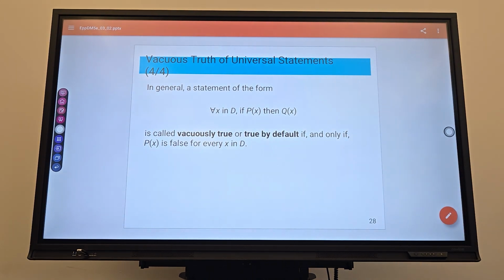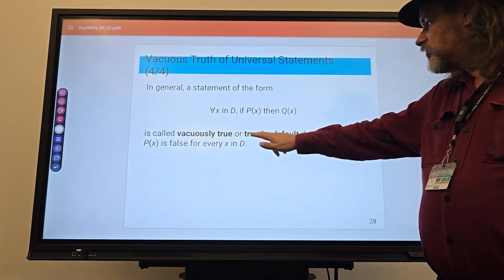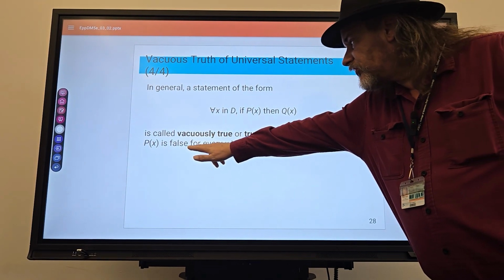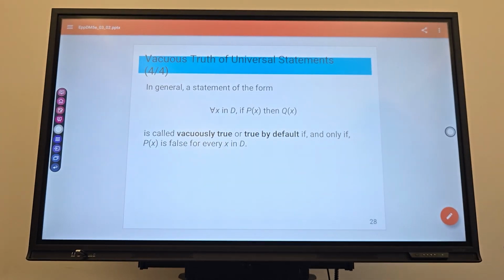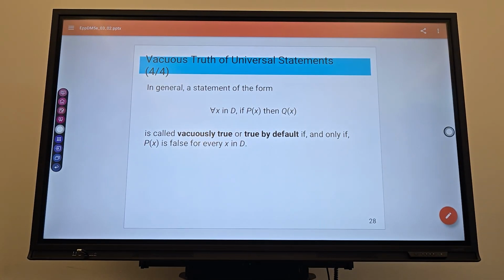Like the vacuously true conditional statements of chapter 2, it is vacuously true if and only if P is false for every X in D. If P is false all the time.